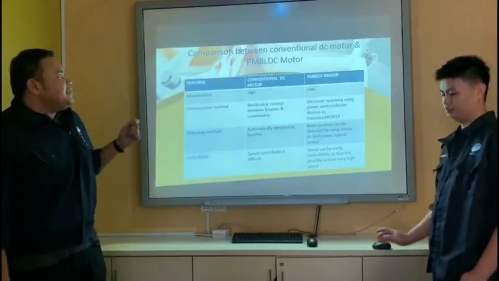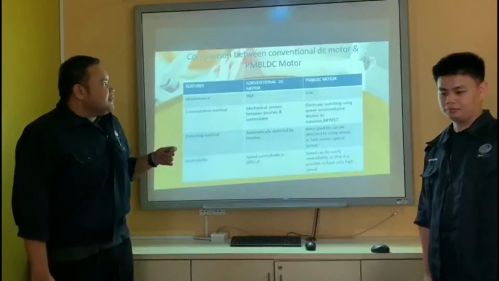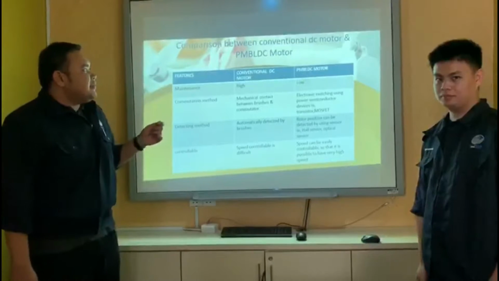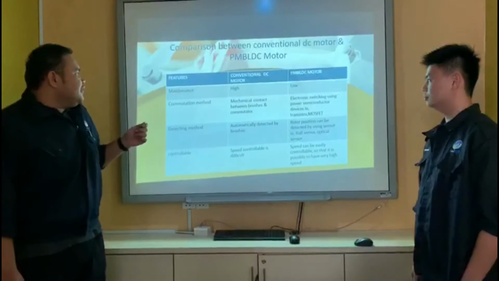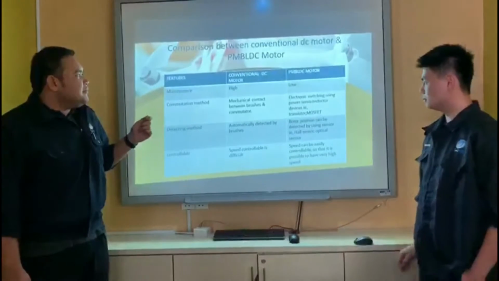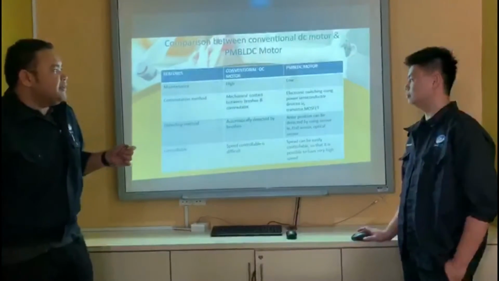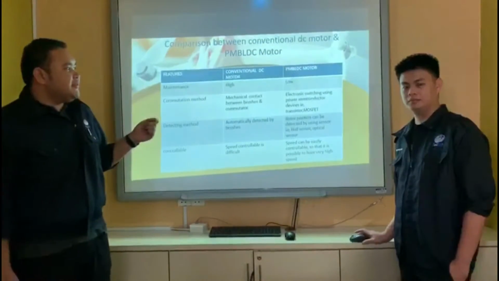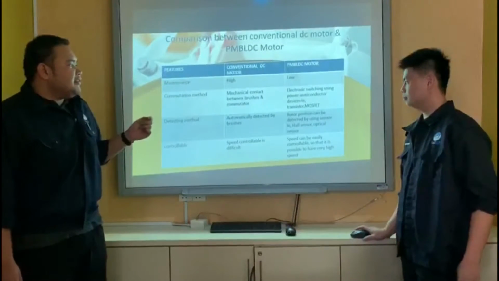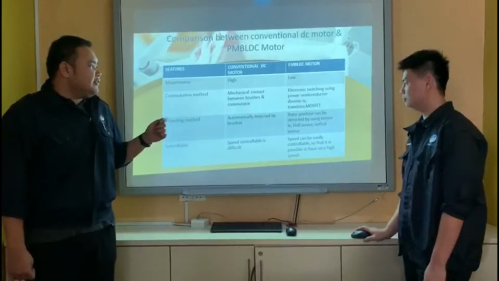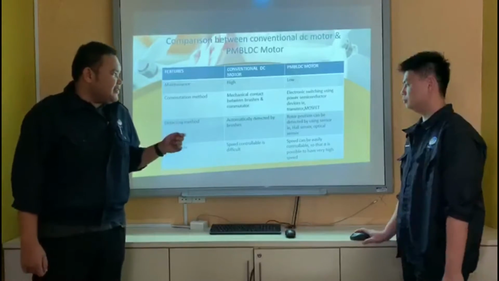So this is the comparison between the conventional DC motor and the permanent magnet brushless DC motor. For maintenance, the conventional DC motor is high, but for the PMBLDC motor it is low. For the commutation method, the conventional motor uses mechanical contact between brushes and commutator.